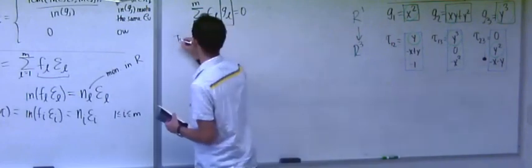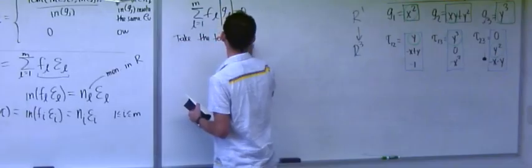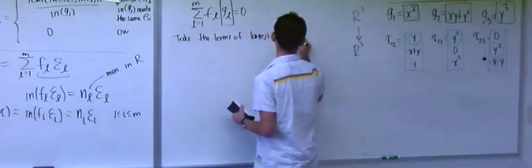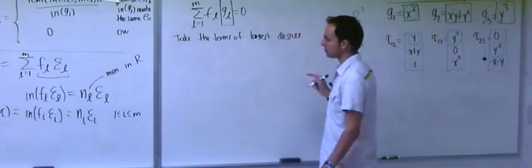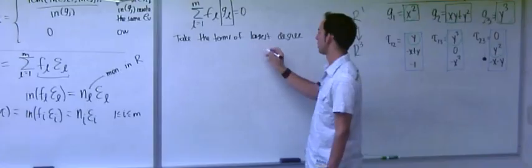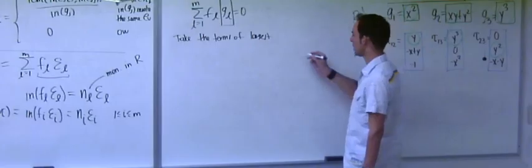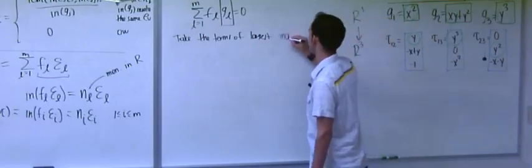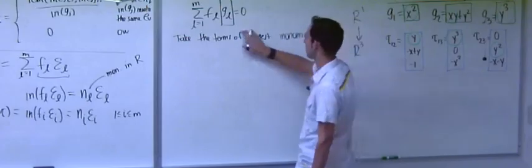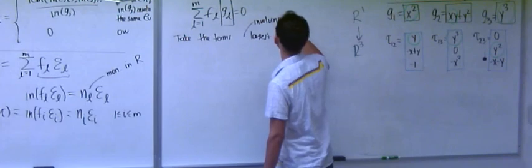In other words, take the terms in this equation of largest degree. Now, largest monomial. Last time I confused someone by switching monomial and degree. Take the terms involving the largest monomial.